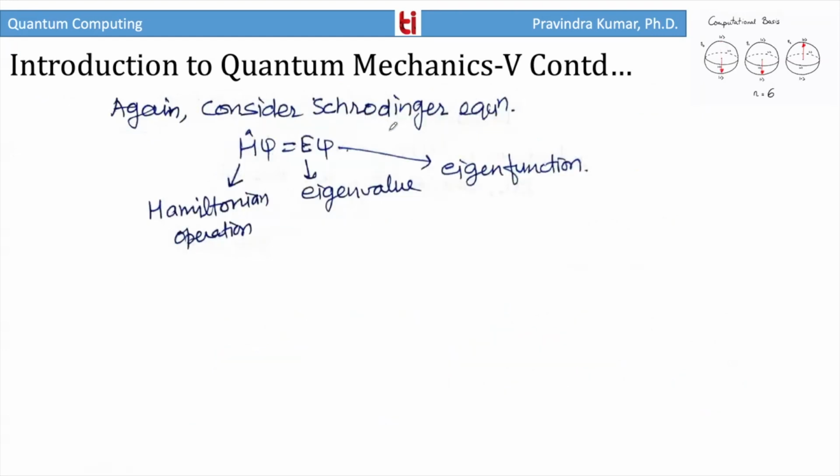Again, if we consider the time independent Schrodinger equation, H psi is equal to E psi. H is the Hamiltonian operator, E is the eigenvalue, and psi is the eigenfunction. The term eigenvalue is used to designate the value of the measurable quantity associated with the wave function.